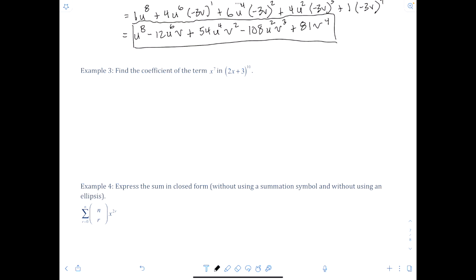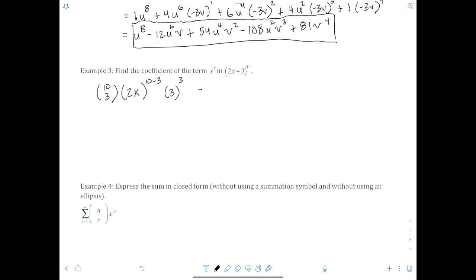So what will happen is this. That term will be 10 choose 3, because that's going to give us our 2x raised to the 10 minus 3, and then we'll have 3 raised to the 3rd.